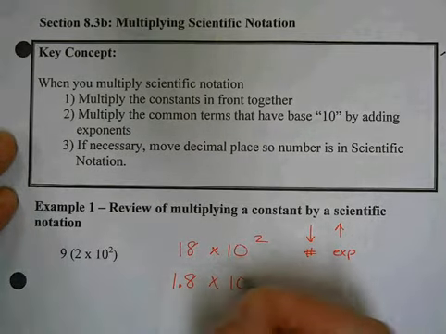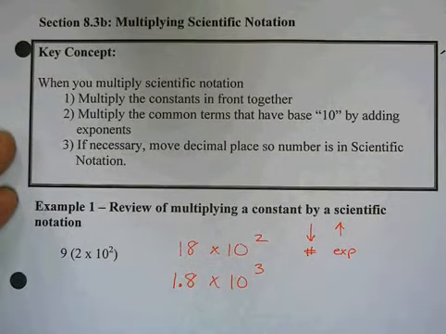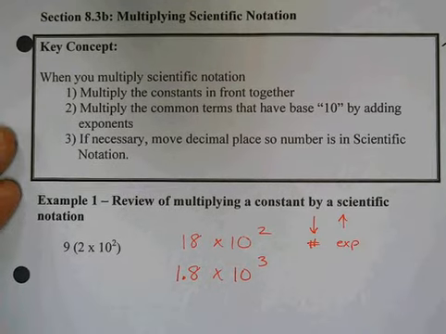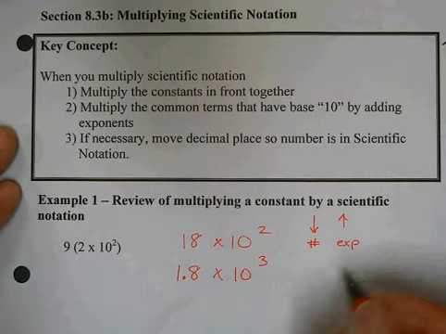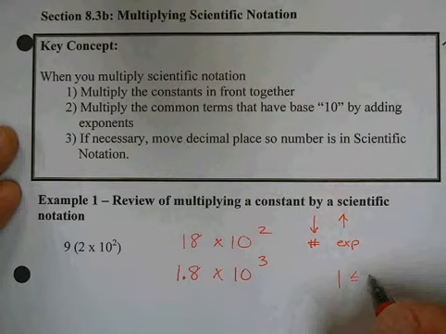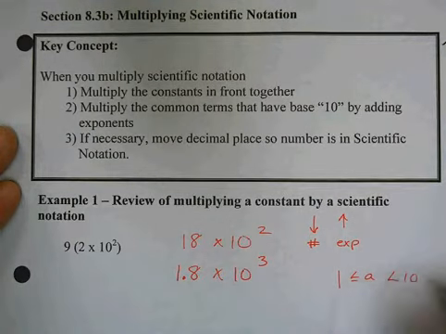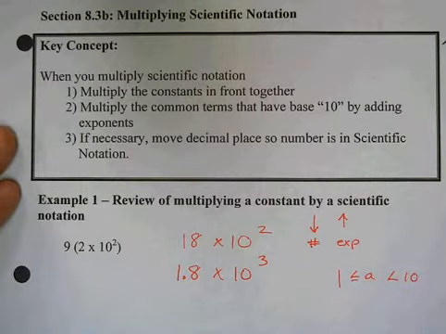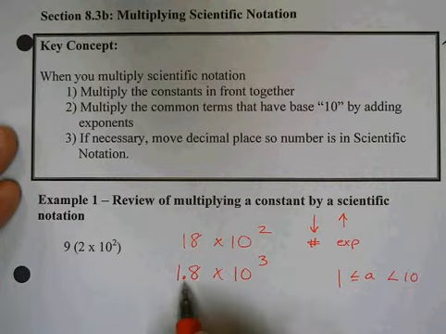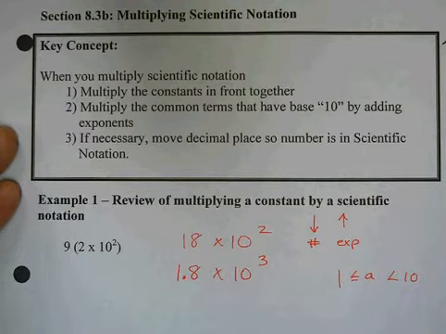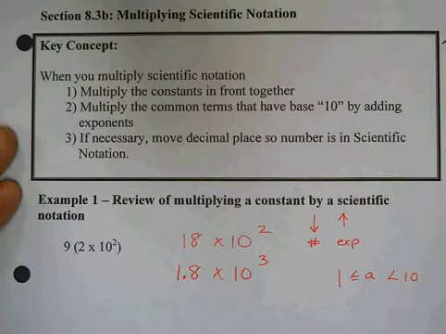So go from a 2 to a 3. Remember this number, 1.8, needs to be greater than or equal to 1, but less than 10. That was our definition of scientific notation. This number here could be equal to 1, but it has to be less than 10. So Kyle, I'll give you these when we're all done.